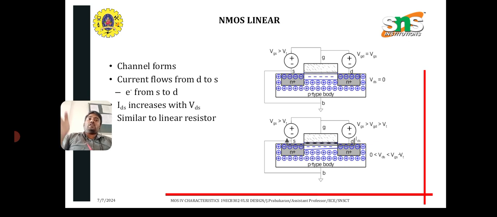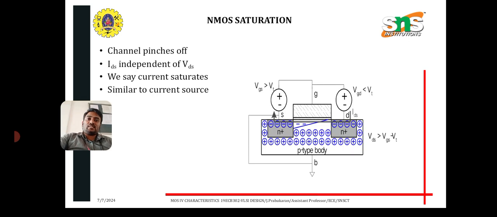Current flow from drain to source is controlled by VDS, similar to a linear resistor. And NMOS saturation: current is relatively independent of VDS, primarily controlled by VGS. Condition is VGS greater than VT, and VDS greater than or equal to VGS minus VT.